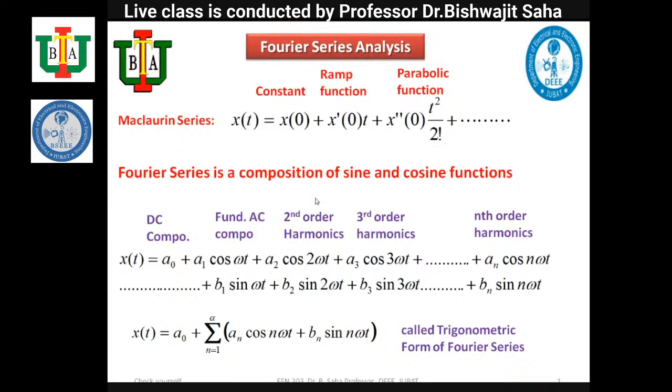Second order harmonics means a double frequency signal. A triple frequency component is called third order harmonics. In this way, nth order harmonics means an cos n omega t, and similarly bn sin n omega t. You can define a signal in terms of sine and cosine by the fundamental, second order, third order, and nth order harmonics.